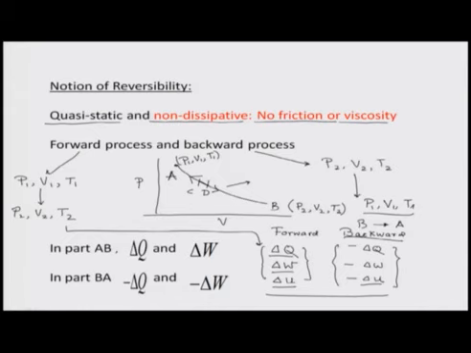In this small part, again I have delta Q, delta W and delta U. I can go from C to D or D to C. The same equivalence holds true: delta Q goes to minus delta Q, delta W goes to minus delta W and delta U goes to minus delta U in the backward process.